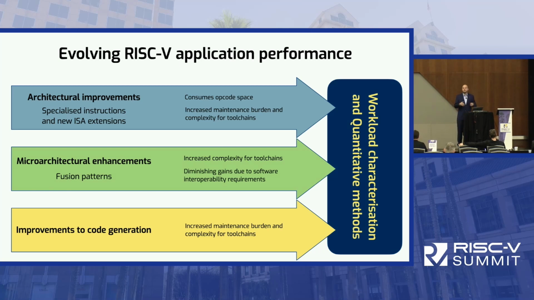Secondly, this always comes with an increase in complexity. So every time we're adding new ISA instructions, it has to be a well-thought-out process. It has to be driven by actual data and an expected benefit for typical applications. Because otherwise, we're going to end up having all that support, all those additional optional extensions that are going to complicate our compilers.